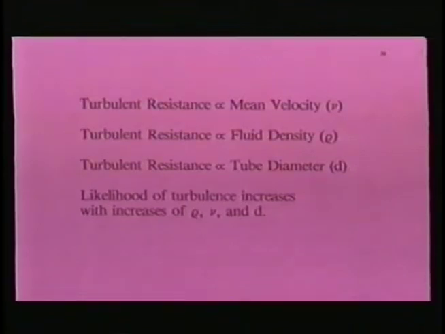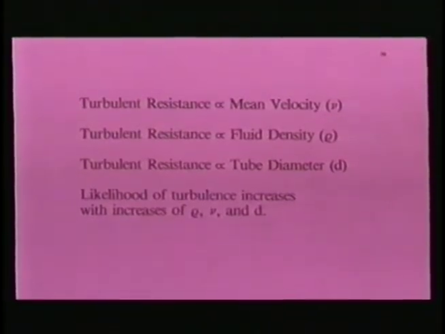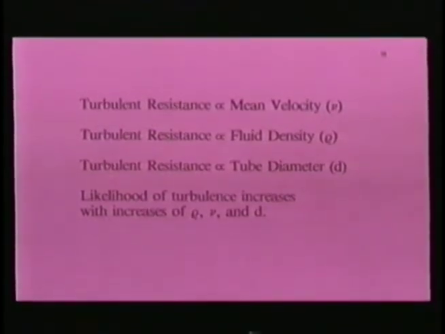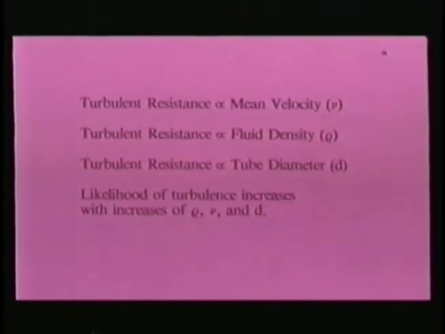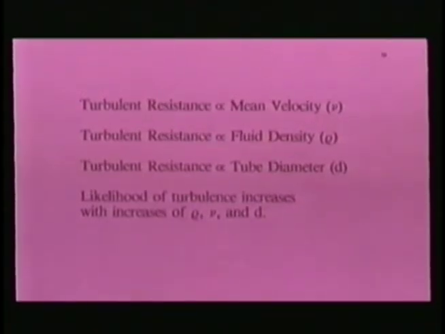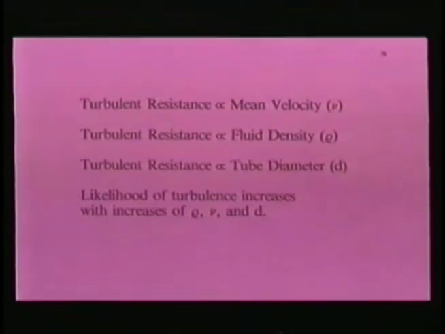36. The onset of turbulence and the turbulent resistance vary directly with two factors in addition to flow velocity. Since turbulent pressure loss is related to the momentum of the fluid, turbulent resistance is directly related to fluid density, rho. The denser a fluid, the more readily disorderly flow develops.